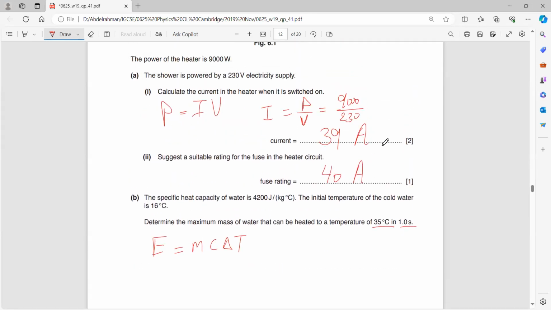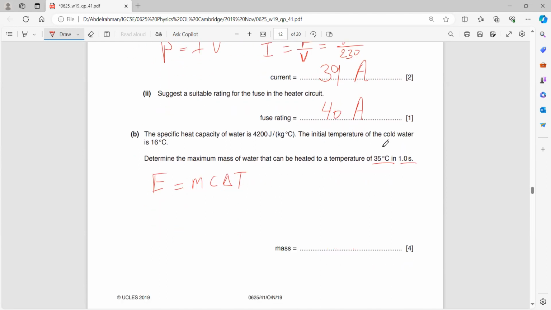What do I have؟ Power. You can find energy. بالظبط. How can I calculate the energy بقى؟ Power times time. صح. Do I have the power? Do I have the time؟ Isn't it the 1 second? It is the 1 second.